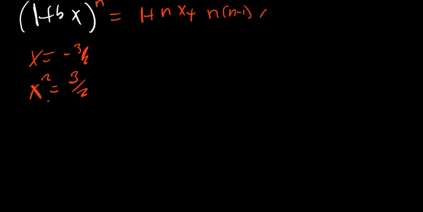Using this formula, divided by 2 factorial plus n(n-1)(n-2) x to the power 3 divided by 3 factorial. So they are saying when they expand using this formula, it was discovered that the coefficient of x is -3/2, and the coefficient of x to the power 2 is 3/2. Then find the values of b and n.